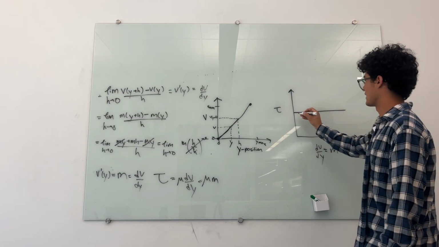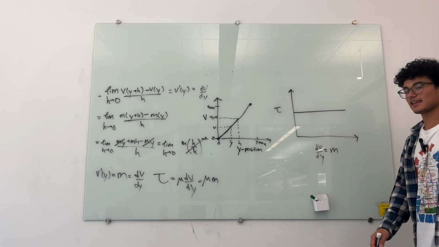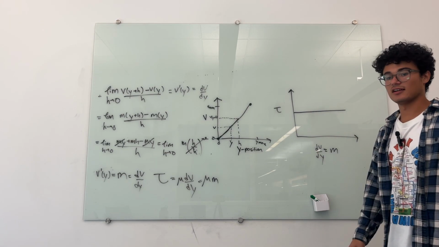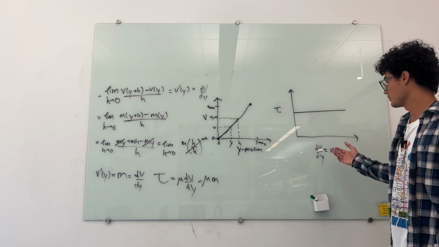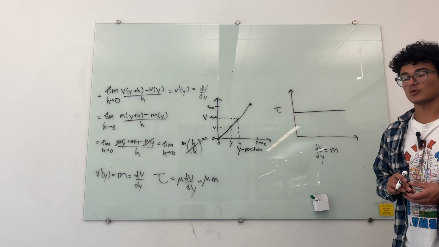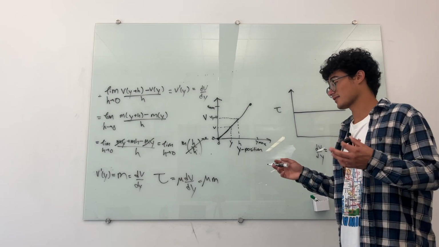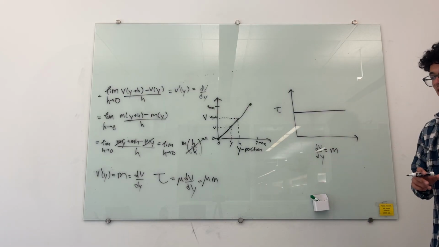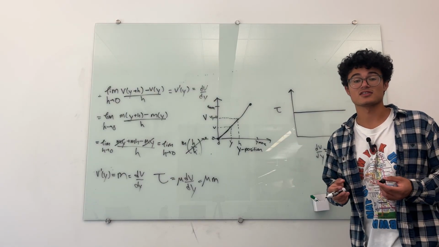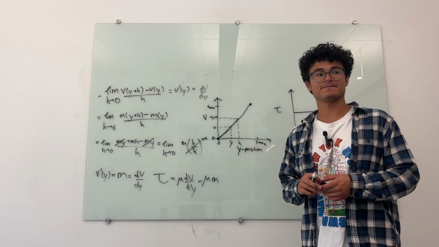And this is at the point mu times m. So what this really is saying is that no matter the amount of shear stress we apply on it, our fluid doesn't change, or the velocity profile is constant. So in other words, the properties of the fluid are not going to change due to the amount of shear stress we apply to it.